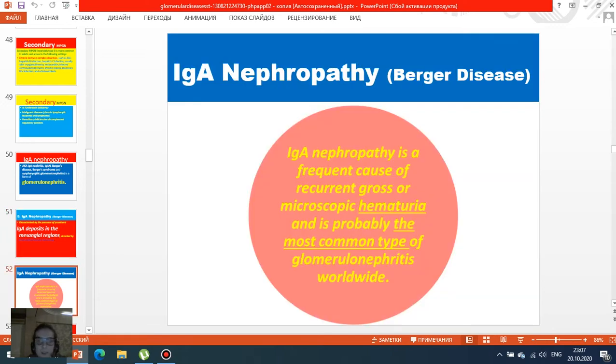IgA nephropathy is a frequent cause of recurrent gross or microscopic hematuria and is probably the most common type of glomerulonephritis worldwide.